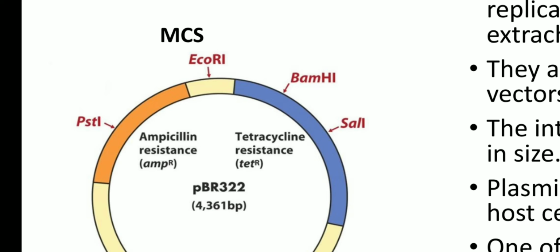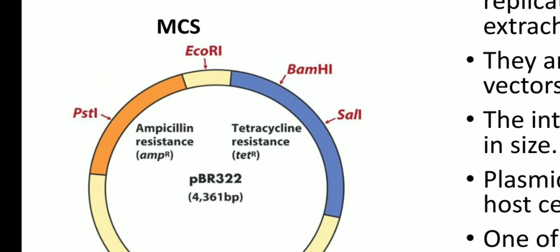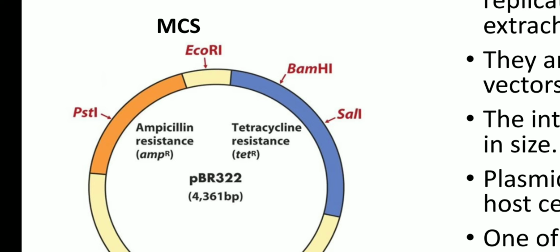By using this site, we can easily insert the foreign DNA in this part only. So, by the help of restriction enzyme and DNA ligase enzyme, the foreign fragment is easily inserted in this multiple cloning site.